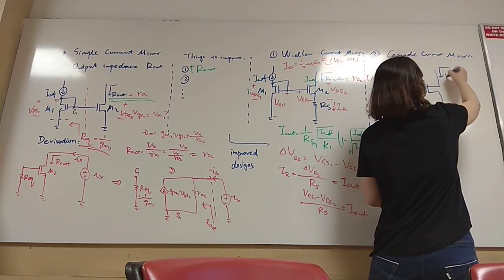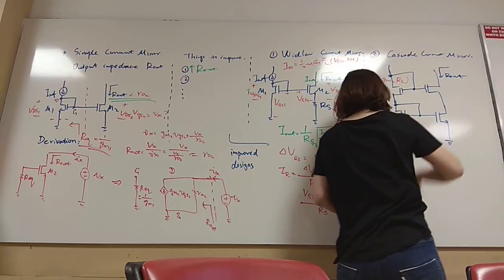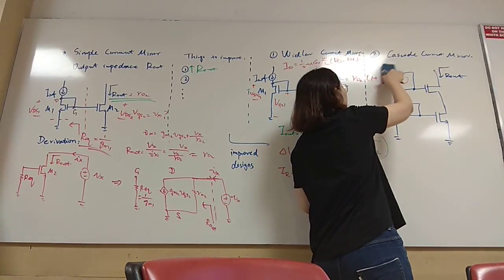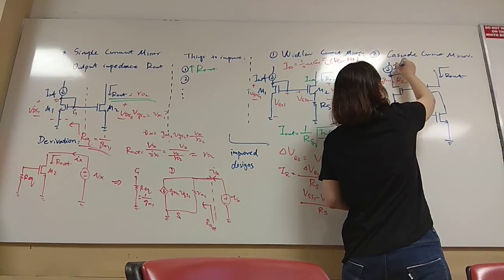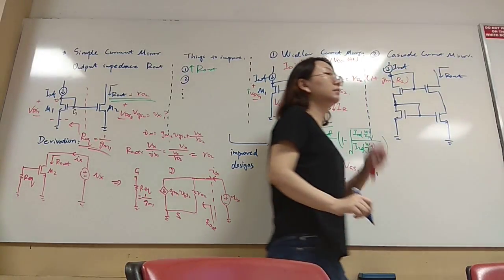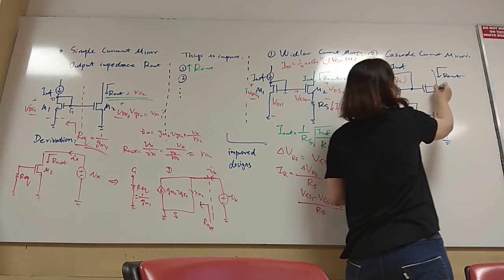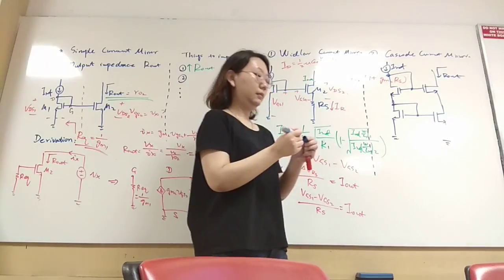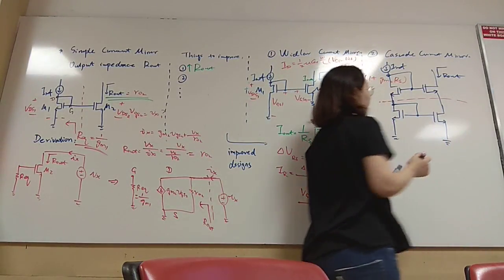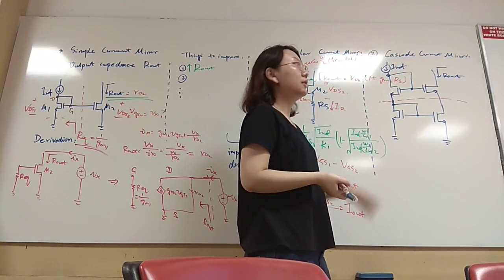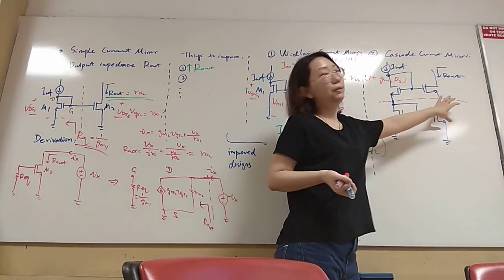And here is my output. The top and bottom are exactly the same, right? The structure. It's just a simple current mirror structure.